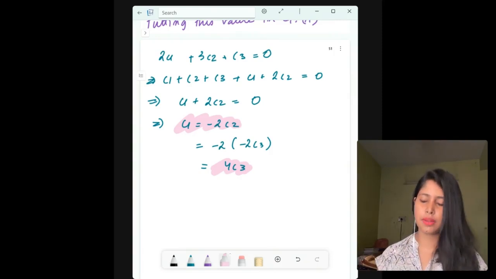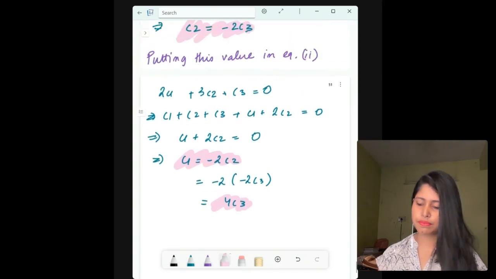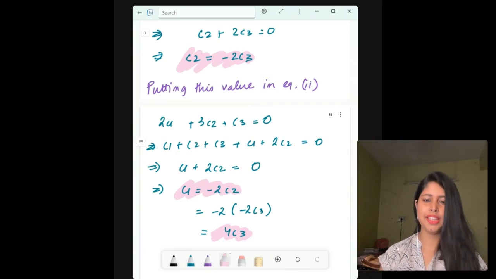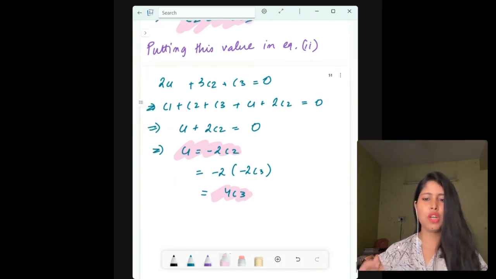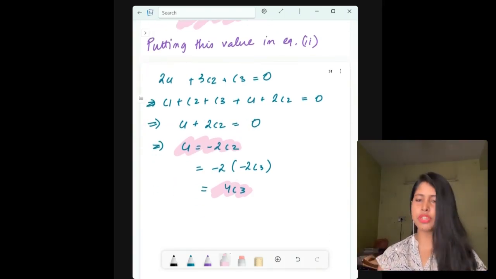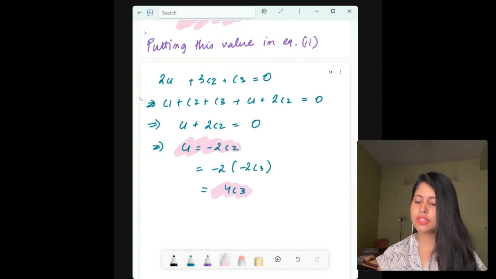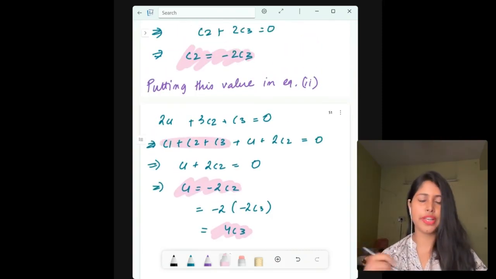You can just substitute the values and get the answer directly, so I'm not showing it now. For this kind of question, the key technique was to add all these equations to extract a useful relation, because this relation C1 plus C2 plus C3 has helped us a lot in finding these values, right?